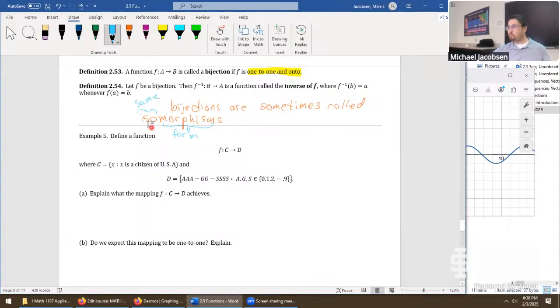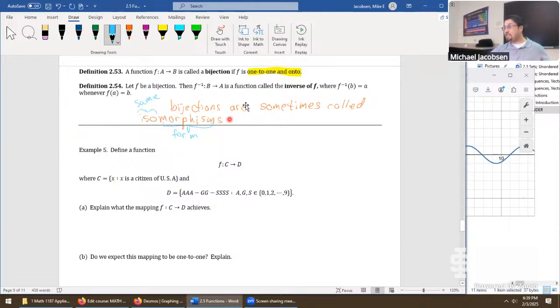So in a certain sense, when we say we have an isomorphism, it means we can relate the set A to the set B through a mapping with these two properties, so that it's a way to translate from one to the other in this very specific way. Isomorphisms play a really strong role in algebra, and so that's one of the major reasons why to talk about a bijection in the first place.